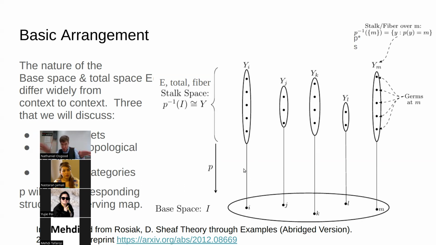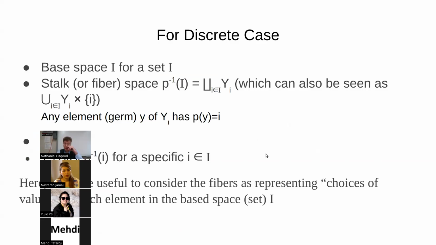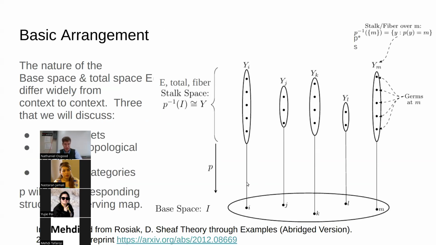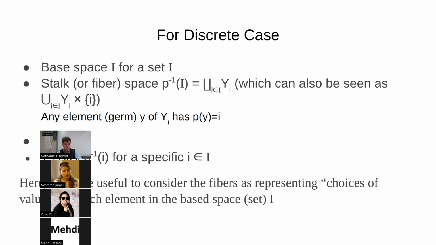There's nothing deep here about it. These are all the things that map down to I. These are all the things that map down to J. And it's very useful to think of it this way. So P maps from the total space down to the base space.